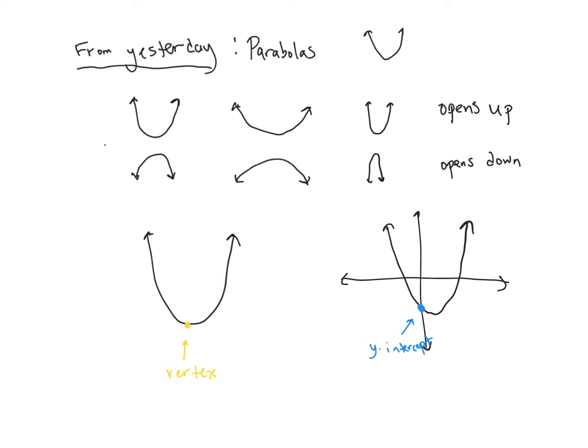And the x-intercept is going to be the spots where it crosses the x-axis, right? And there could be 2 of those, and we could also have 1 or 0, and we'll talk about that as we go throughout the chapter. But those are the x-intercepts. So that's just some of the language we wrote down from last time. Hopefully we're comfortable talking about things that are on this screen here.